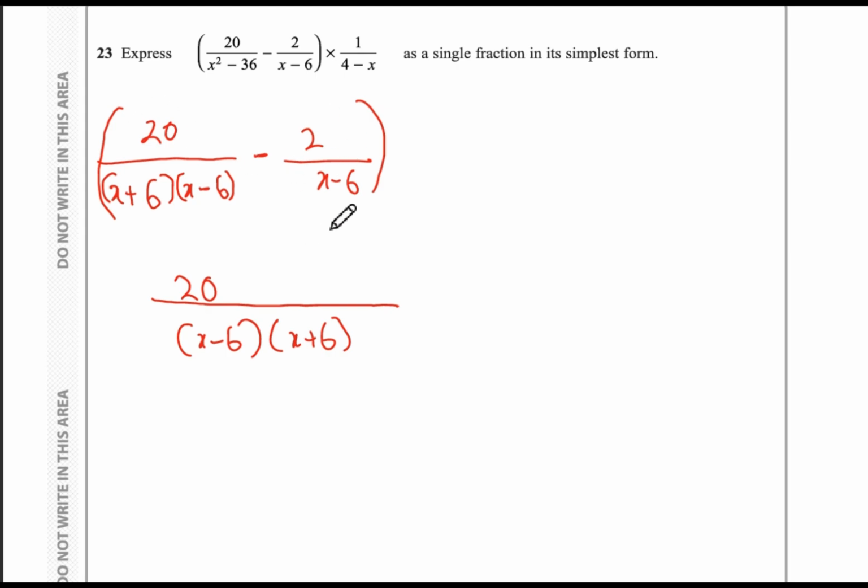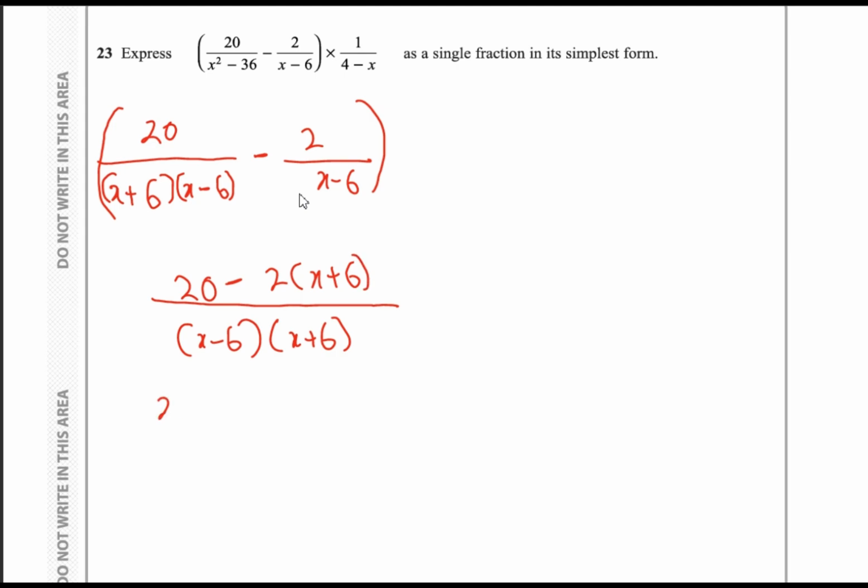I would simply multiply it by 1, so it stays as it is. But as to this part, when comparing this one's denominator with our common denominator, we have one thing missing. It has x minus 6 already, but x plus 6 is there in the common denominator, but in this one it doesn't have. So to make it have that part, I would be multiplying minus 2 by the one it doesn't have, which is x plus 6, right?